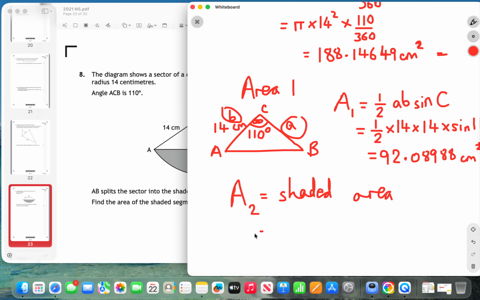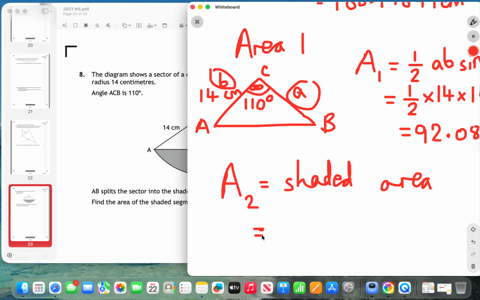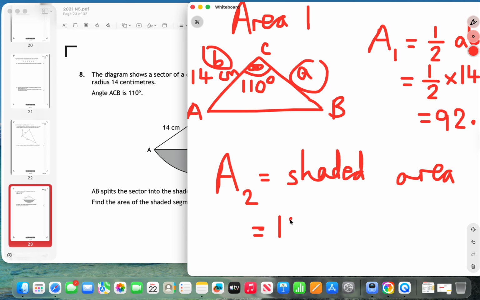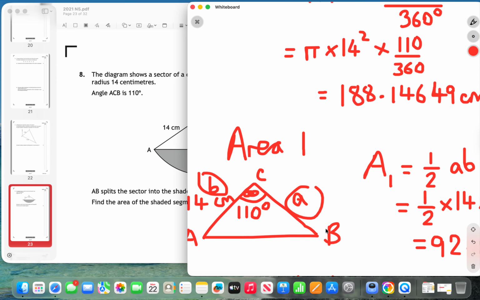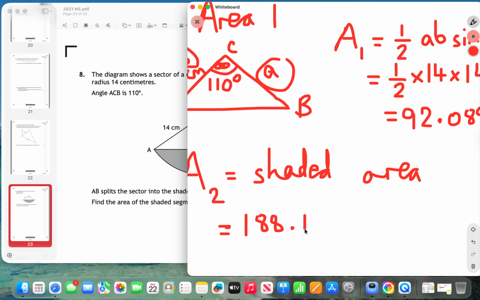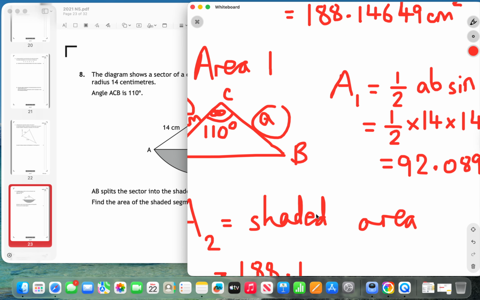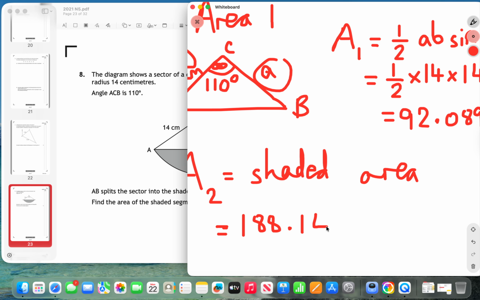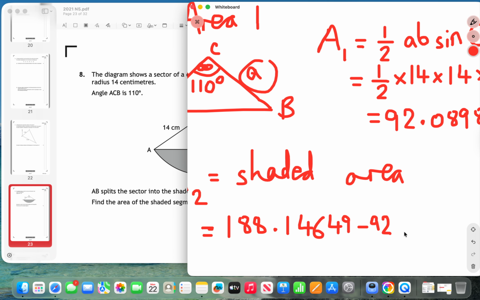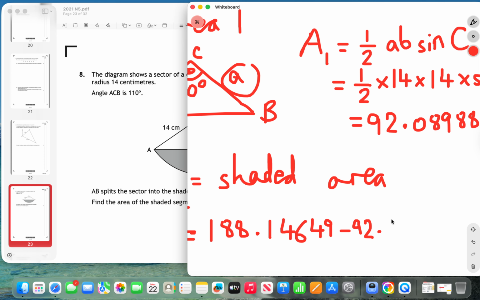So that equals 188.14649 take away 92.08988.